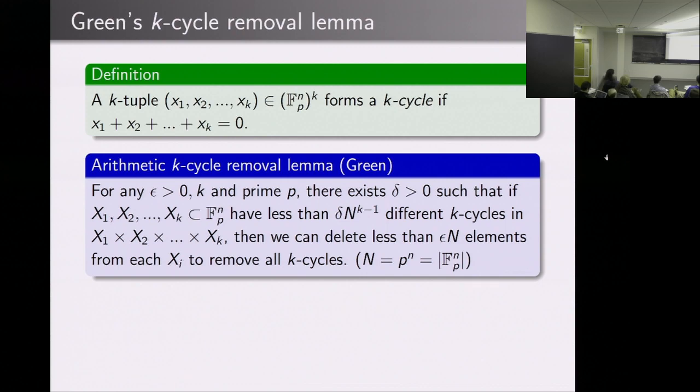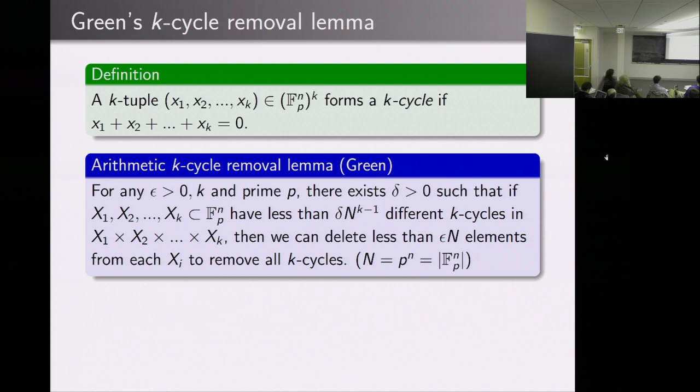If each set is all of F_p^n, then you have big N choices. Here, throughout this talk, big N will be p^n, the size of this base set. So you have k-1 degrees of freedom here because you could choose anything for the first k-1 elements and then the last element is fixed.